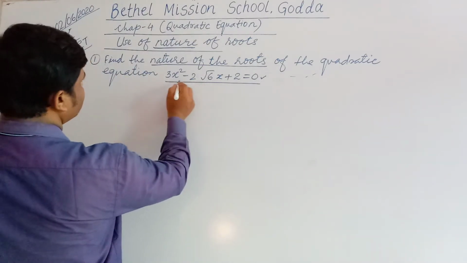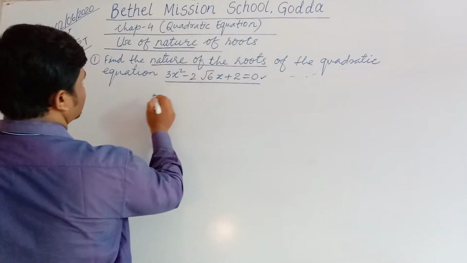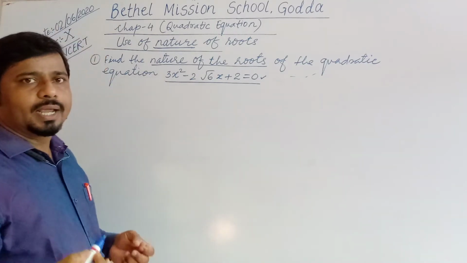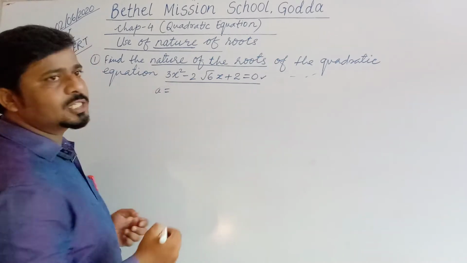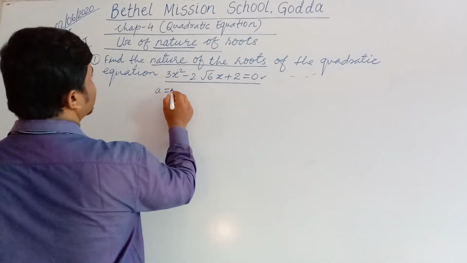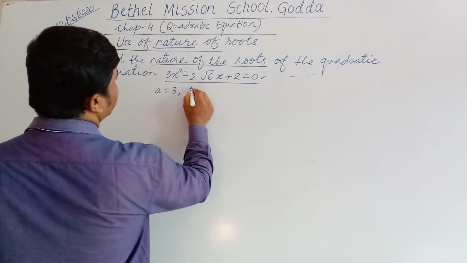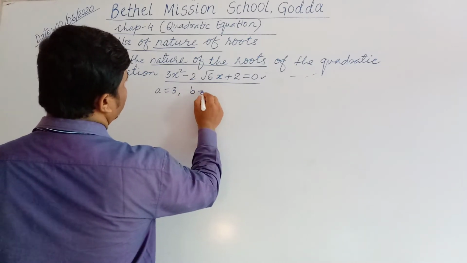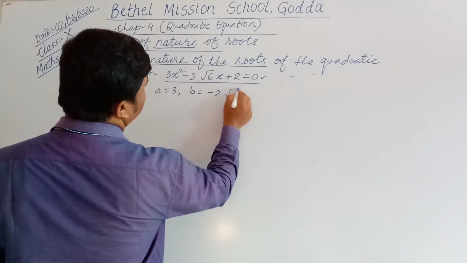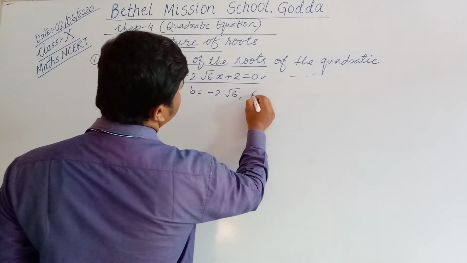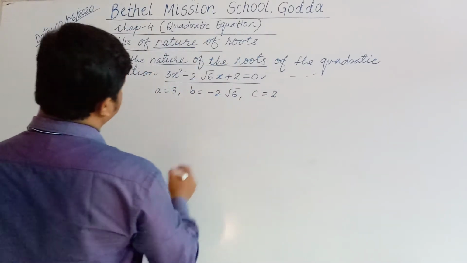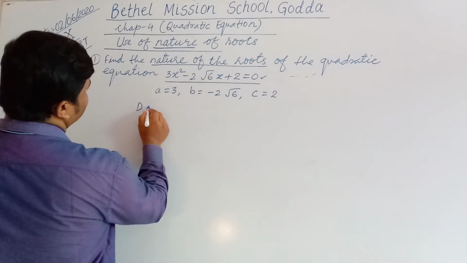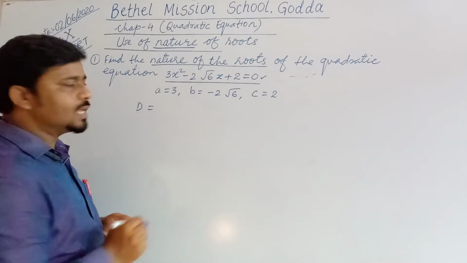First we note down a, b and c. a is the coefficient of x square, which is 3. b is the coefficient of x, which is minus 2 under root 6, and c is the constant term, which is 2.